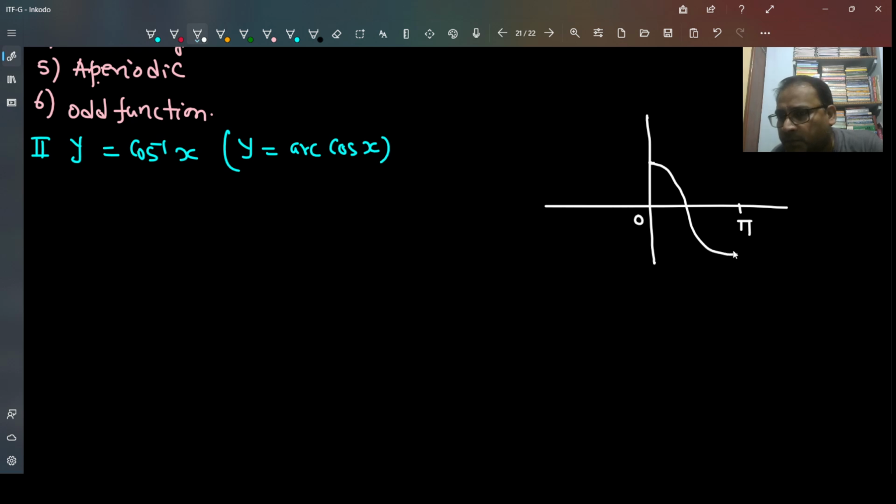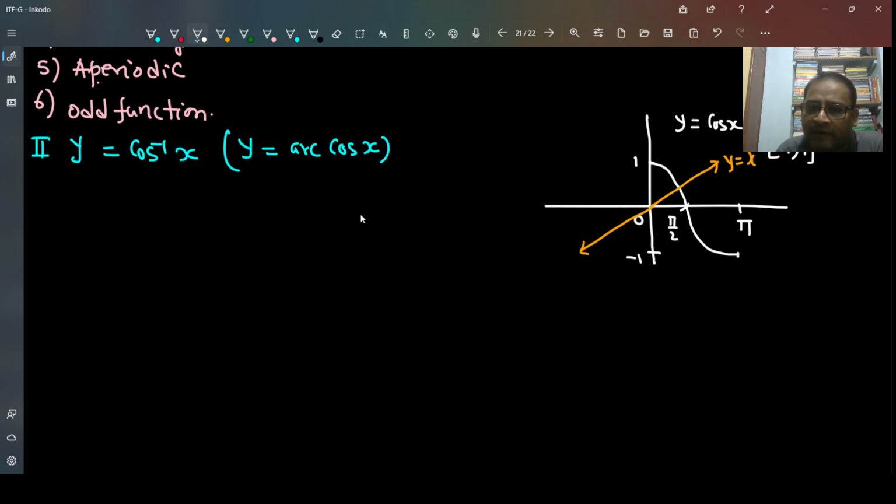At the point pi it is minus 1, and at the point 0 it is 1. It cuts the x-axis at pi by 2. Here I am taking the domain from 0 to pi, and you notice that the range of cos, minus 1 to plus 1, is covered. Now our target is to draw cos inverse x with respect to the line y is equal to x. We will take the reflection.